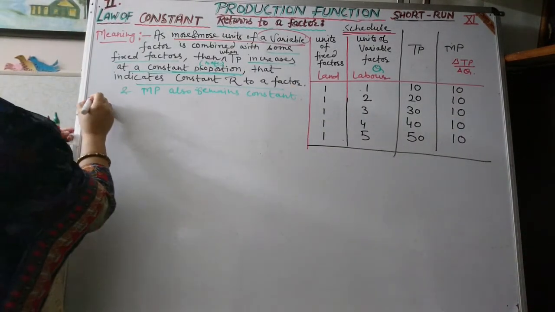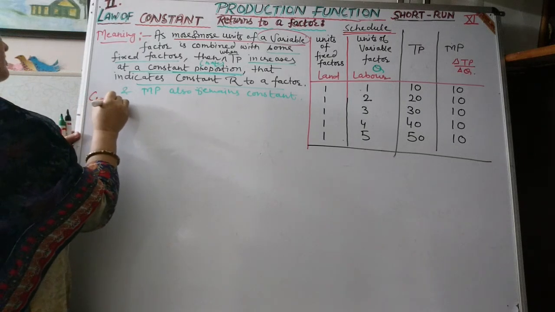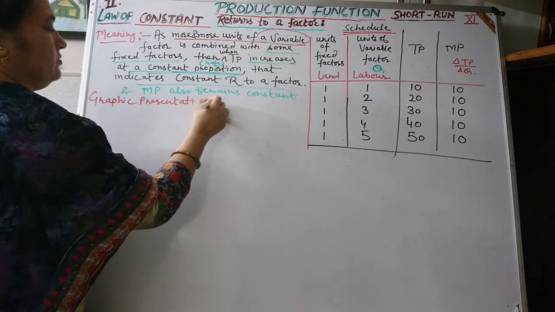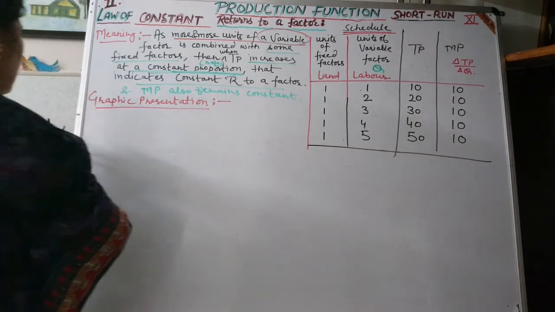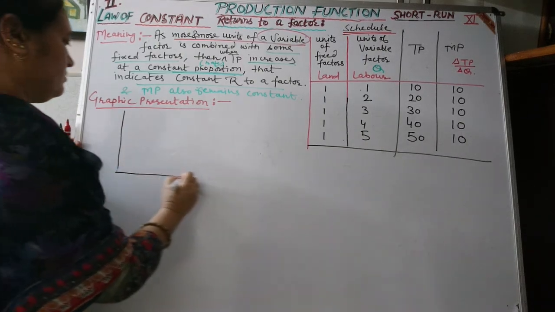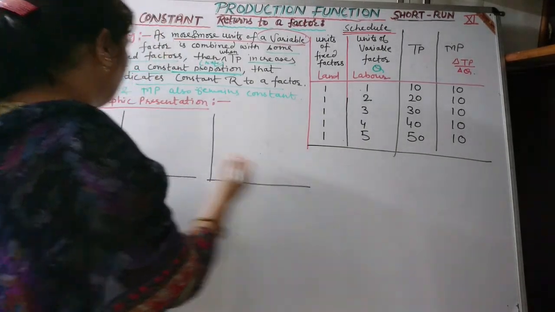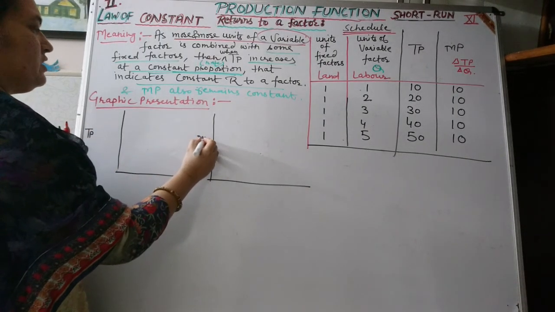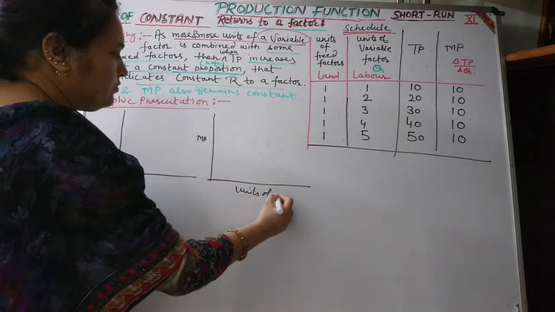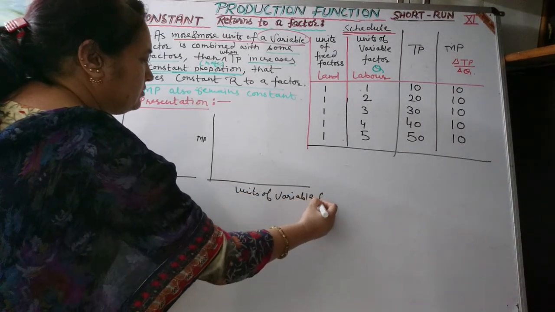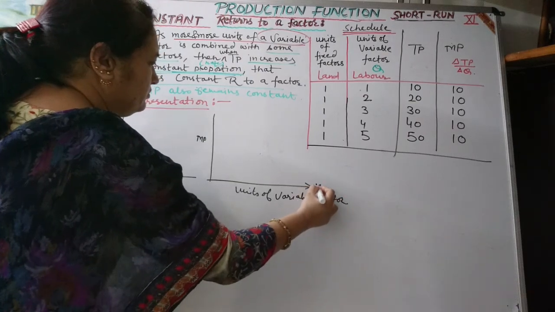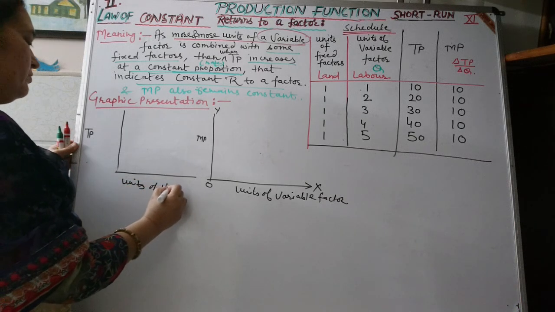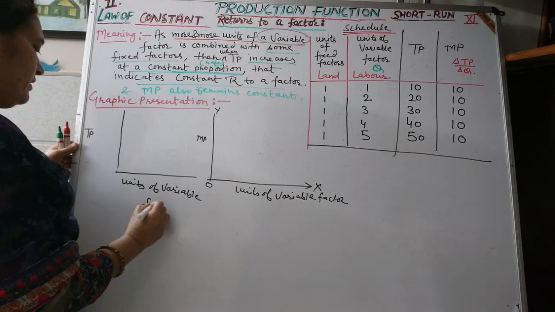Now let us clear its graphic presentation. In the graphic presentation we have the total production curve and marginal production curve, with units of variable factor on the x-axis and units of output on the y-axis.